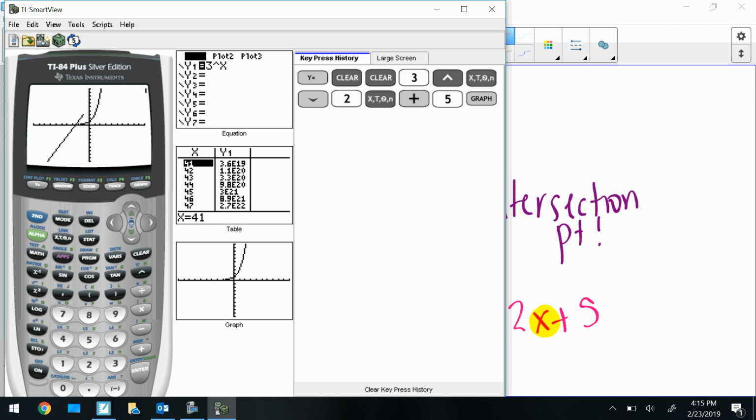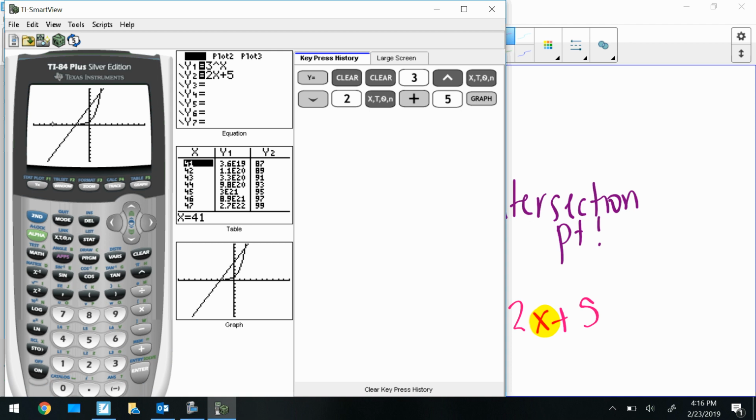Let's graph this, and you will see it's kind of hard to tell, but this actually crosses two different times. There's the one you can see my cursor at the top, which is the more obvious one. And remember, this is an exponential equation, so we have an asymptote right here along the x-axis.